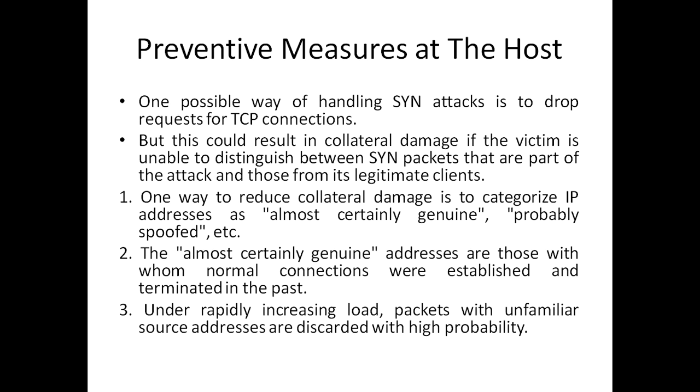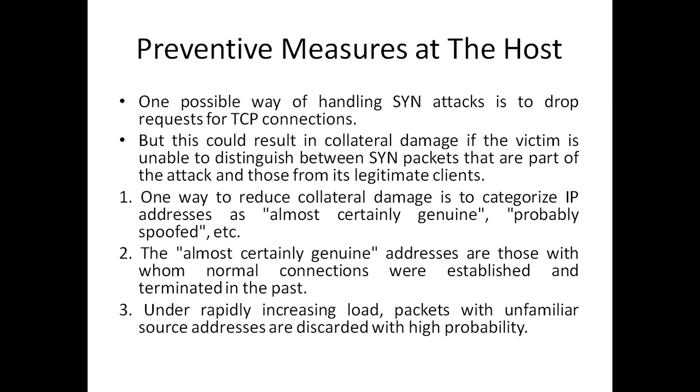One possible way of handling synchronization attacks is to drop requests for TCP connections. So the main thing here is that the client and a server need to have communication between them, and before they start communicating with each other they need to establish a connection.